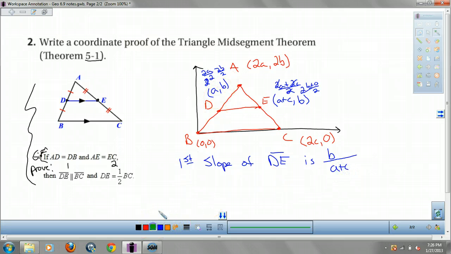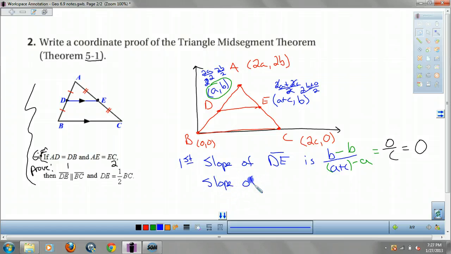I'm going to do green for D. So my change in y's, so B minus B, and that's A plus C, that's all for E, right? Minus A. So my slope ends up being B minus B is 0 over C, so it's just 0.